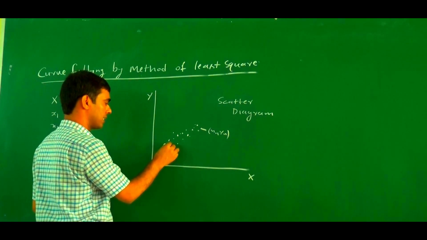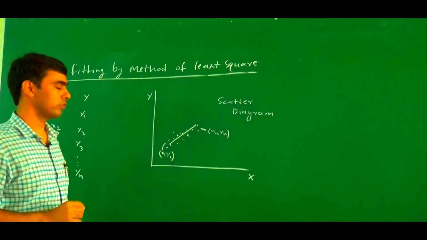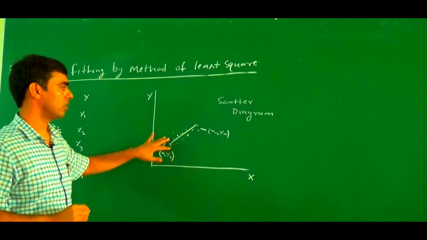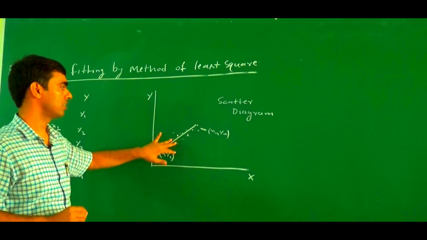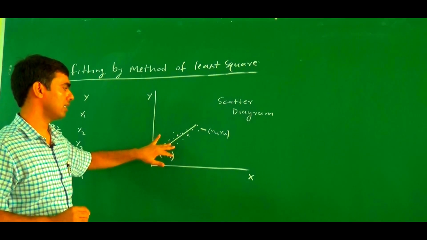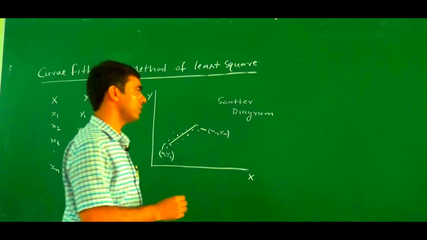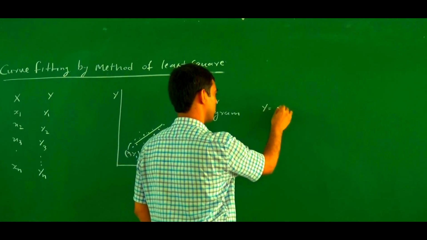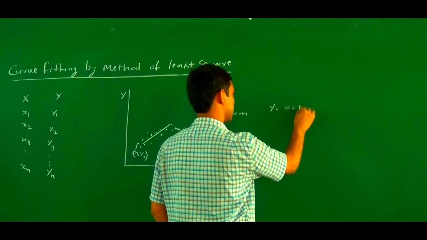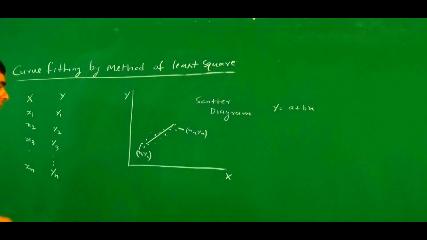Suppose this one is a straight line, y equals a plus bx.